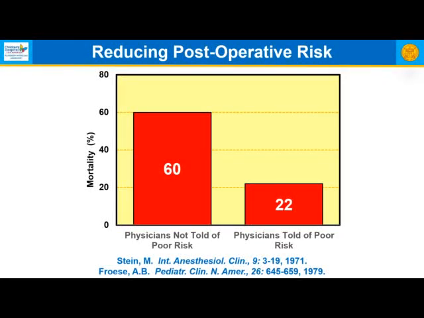This is mortality. Okay, post-op mortality in patients in whom the physicians were not told of a poor risk had a 60% mortality. Patients of physicians who were told had a 22% mortality. All right. These latter physicians had the opportunity to try and do something to mitigate that poor risk, whereas these individuals presumably did not, since they weren't aware of that.